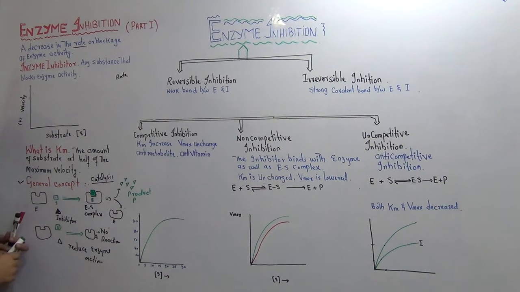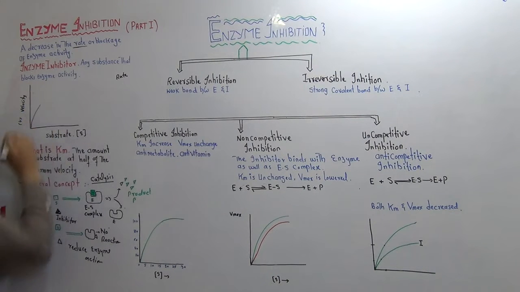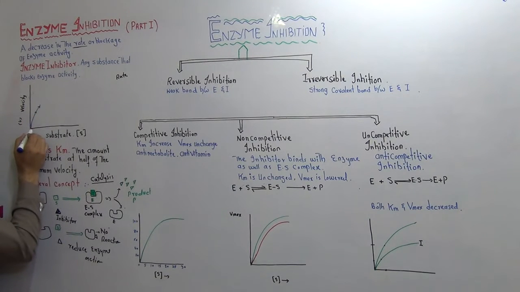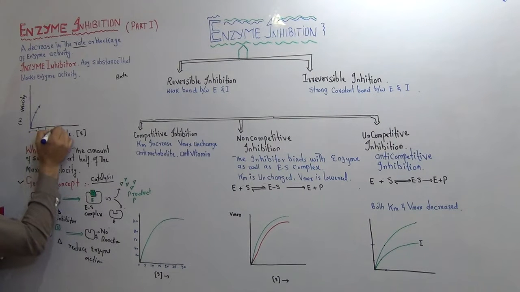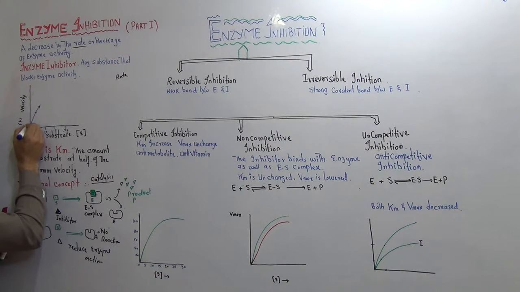When you plot a graph, you will find a line like this. This line is moving upward. As you move from left to right, as you increase the substrate, here 0 substrate, 5 substrate, then 10, then 15, then 20, the line is going up, which means the velocity is increasing.